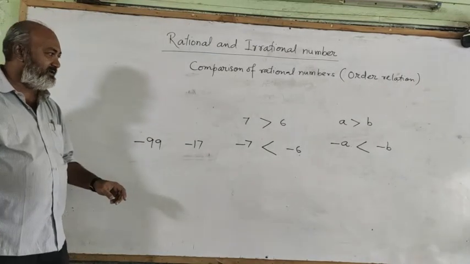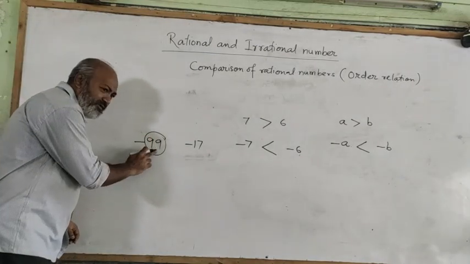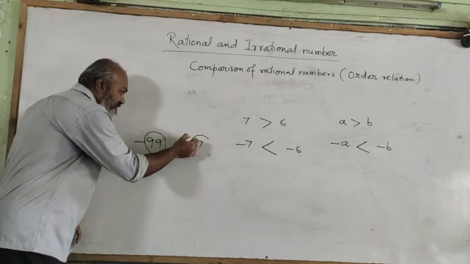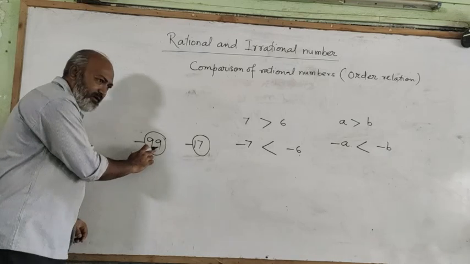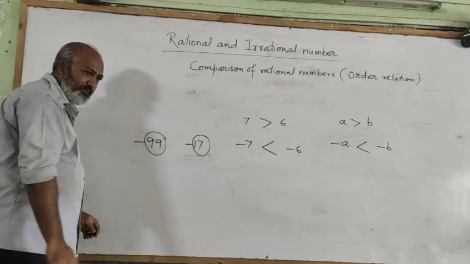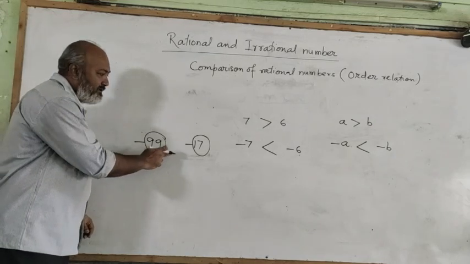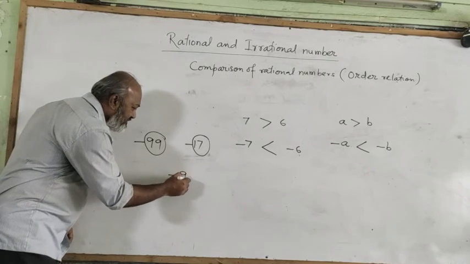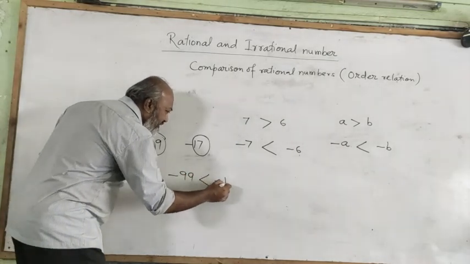The reality is that the magnitude of 99 is greater, and 17 is lesser, but they are negative. So minus 99 is less than minus 17.